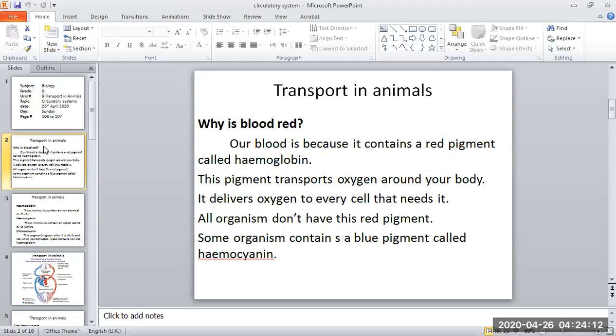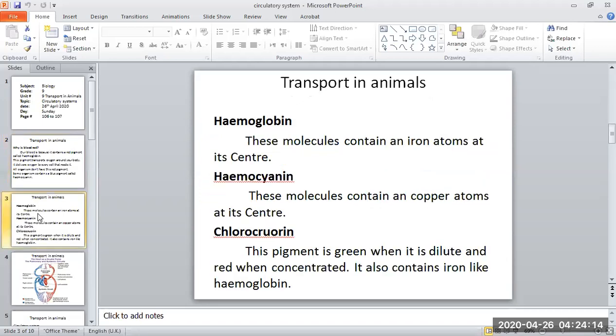Now here, hemoglobin molecules contain iron atoms at their center. When we have a smaller quantity of these cells, then the absorption of oxygen in the blood becomes less.